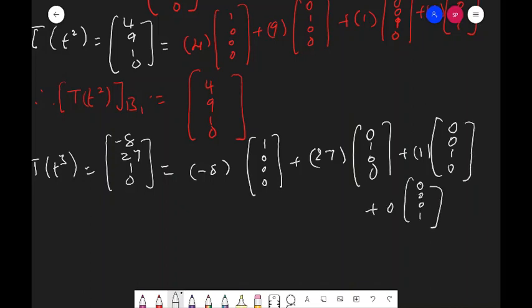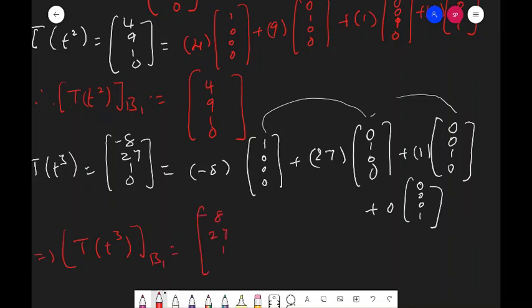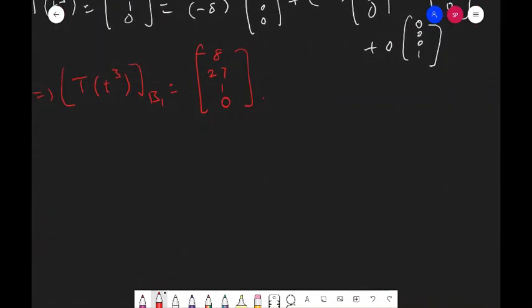See, because these are the unit vectors, you could write directly. Otherwise, you have to solve and find out these values, which implies the coordinate vector of T of t cube with respect to B1 is nothing but minus 8, 27, 1, 0. So our task is over.